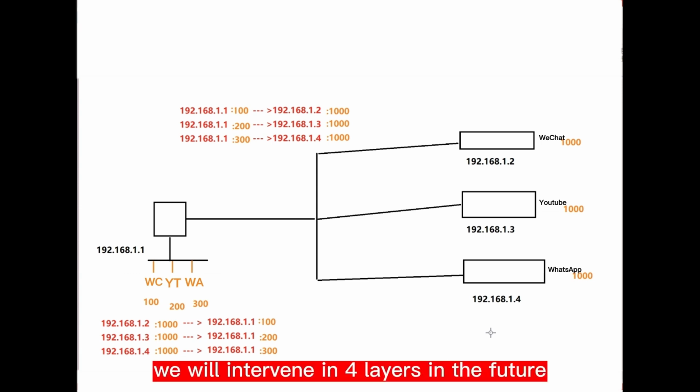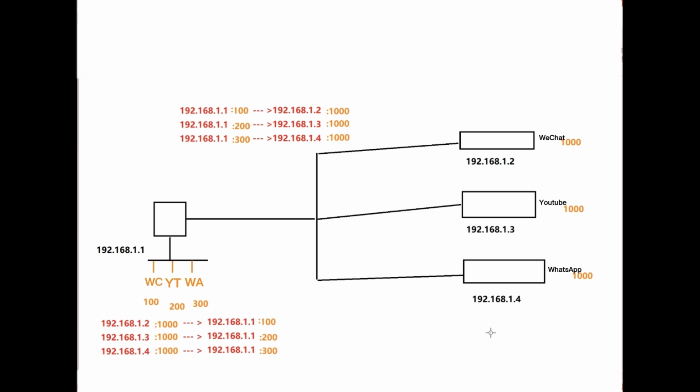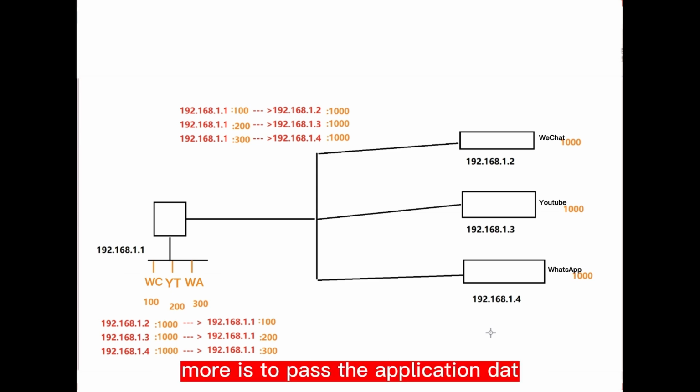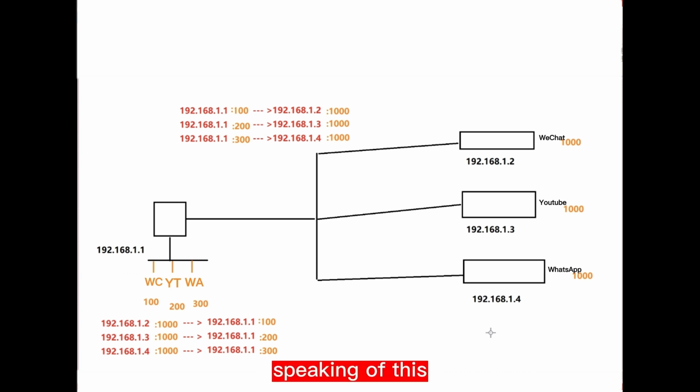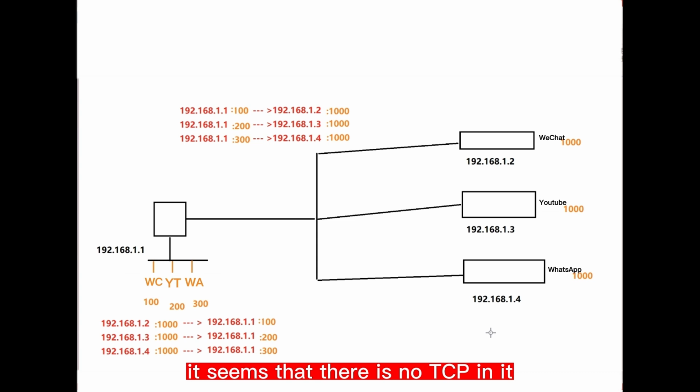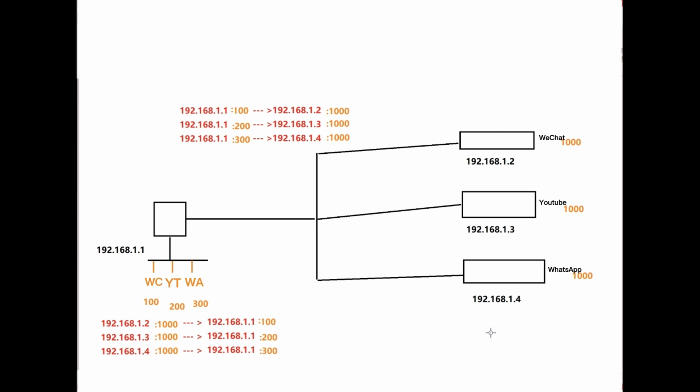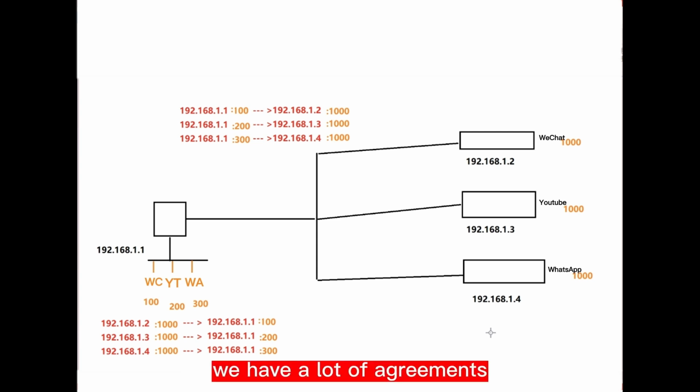What I told you here, we will intervene in 4 layers in the future. Actually, more is to pass the application data of the upper layer. Speaking of this, you may be a little curious. During class, let's just look at the ARP message. It seems that there is no TCP in it. We have a lot of agreements. It works at different levels.